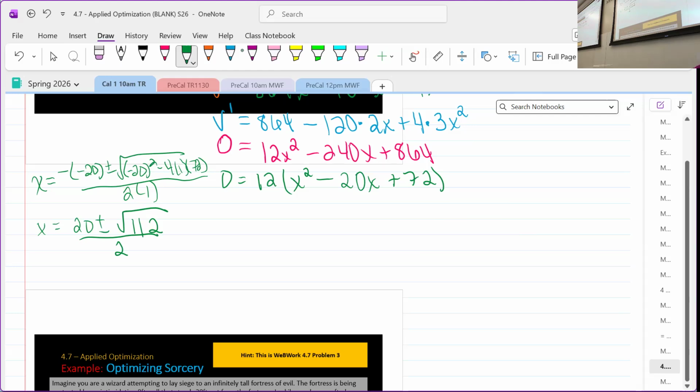So 20 plus the square root of 112 is 30.58. And then I divide that by 2. So I have 15.2915, blah, blah, blah. And now 20 minus the square root of 112.